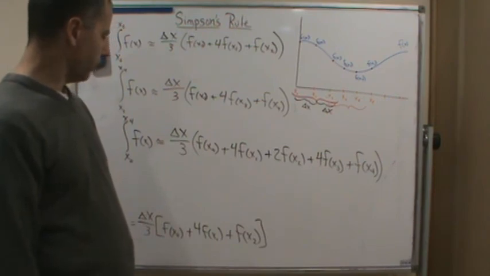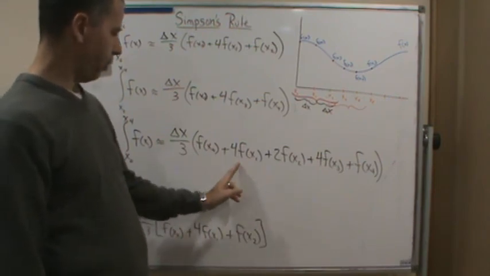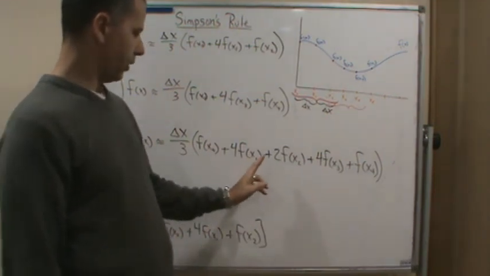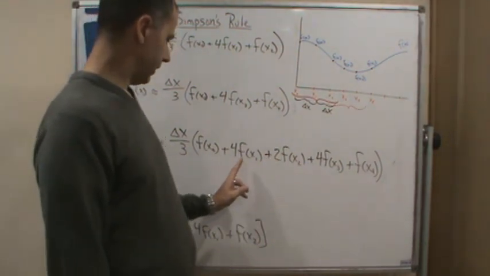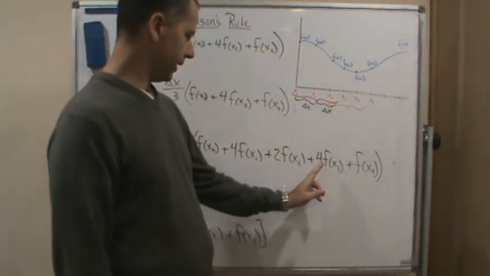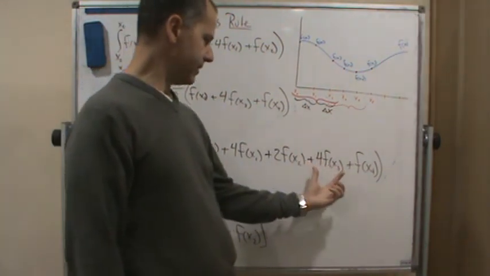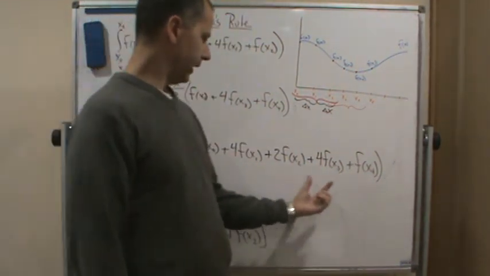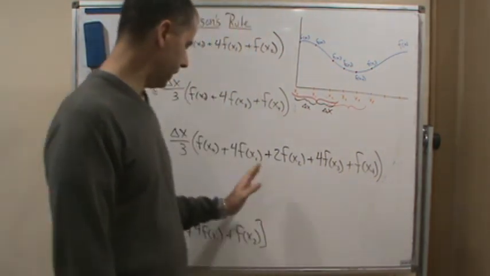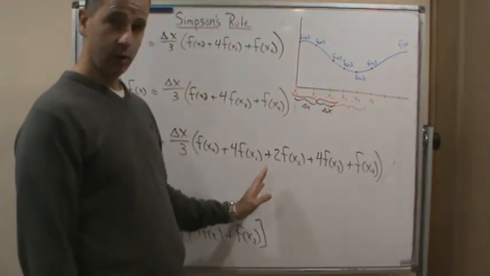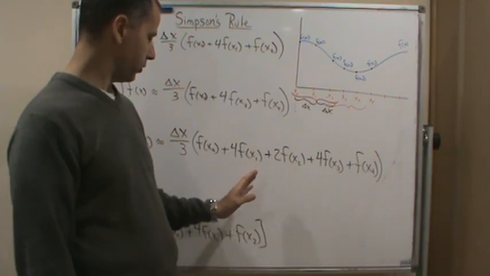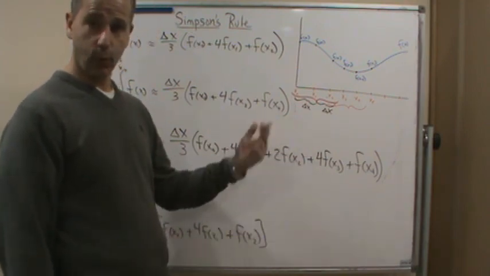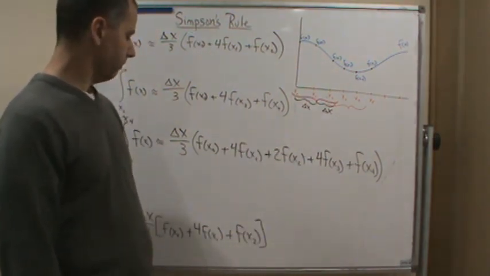It starts with 1 and then 4, and then it alternates between 2 and 4, and ends with 4, 1. So it begins with 1, 4, and ends with 4, 1. In between, it's got this pattern 4, 2, 4, 2, or 2, 4, 2, 4, however you want to look at it. And that's it.